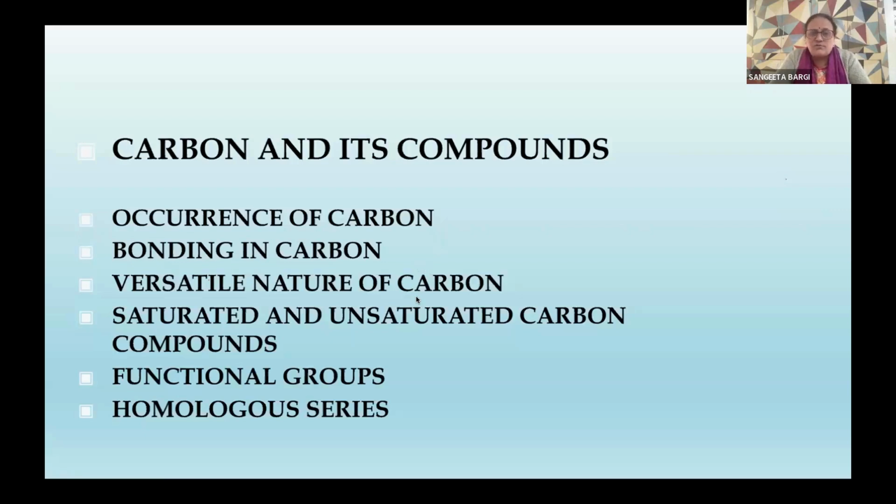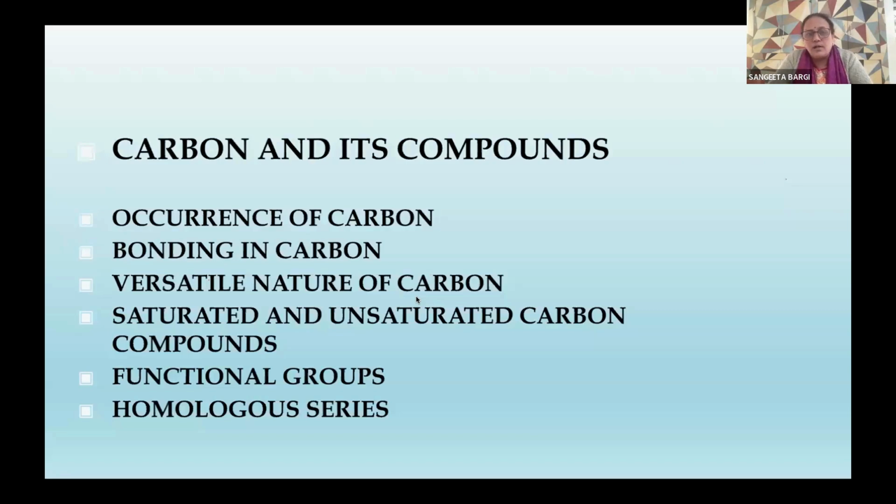What is the definition of catenation? What are saturated and unsaturated compounds? Here you need to know the molecular formula, structural formula, the chemical name also, and the electron dot structures. Any one of them given, you should be able to do the rest of it.